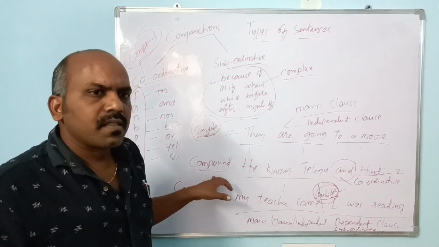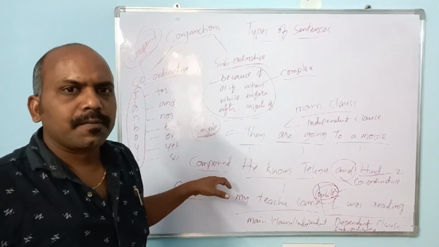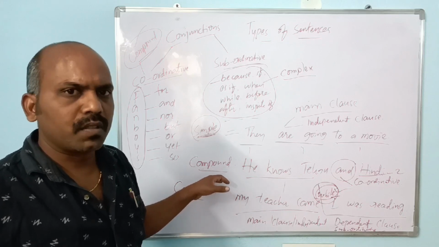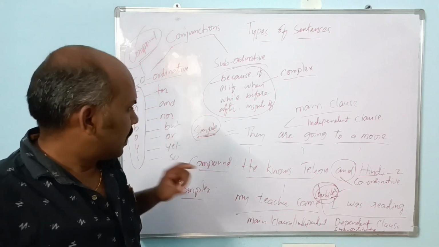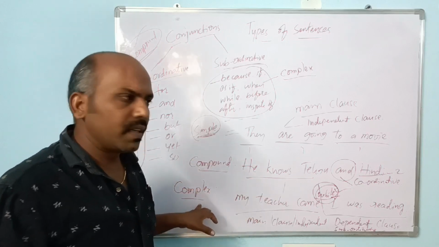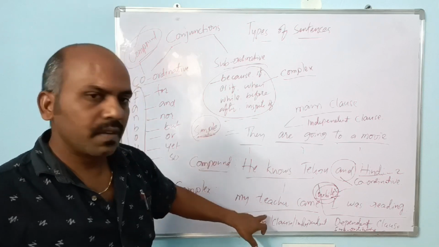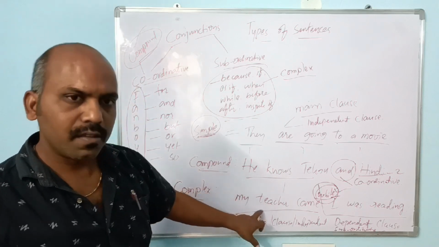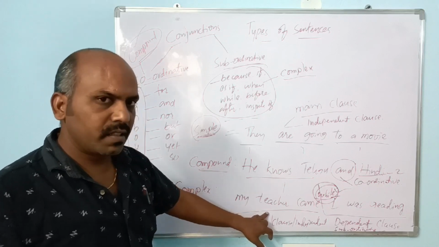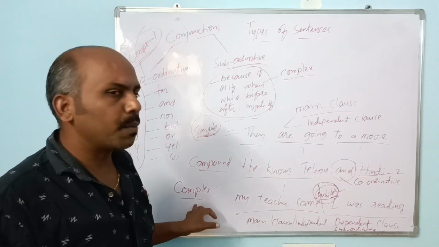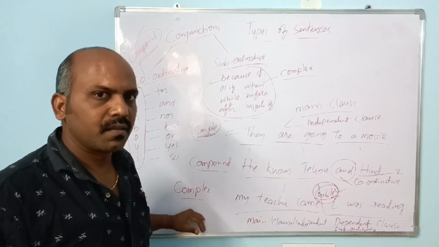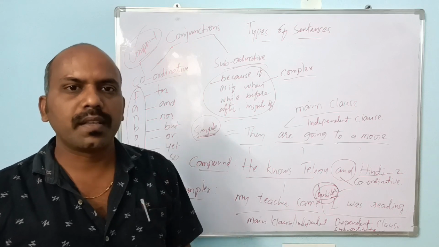And here, one more. In a compound sentence, we get simple sentences, because only with simple sentences do we form a compound. Whereas in complex, we get both: simple sentences and compound sentences also. But where we are getting a compound here, don't say that it is compound; it is complex, because superiority goes to complex here.